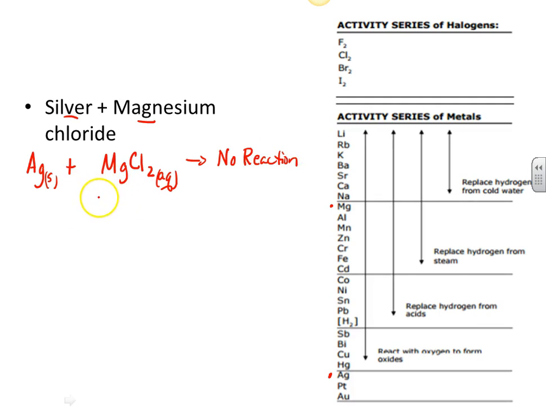Silver cannot replace magnesium. The reason for that is that magnesium is more reactive. Now, what does more reactive mean? For a metal, we would say a metal is more reactive if it's easier to remove electrons.